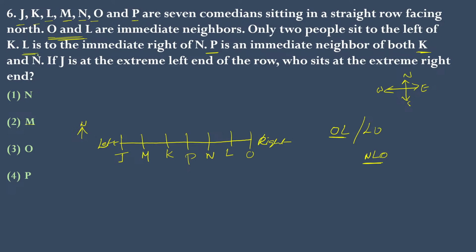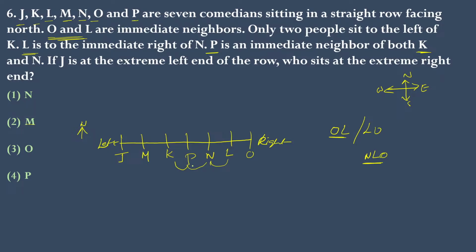L is to the immediate right of N. Yes. Next, P is an immediate neighbor of K and N. Yes.